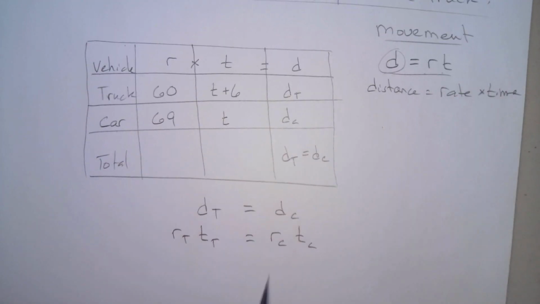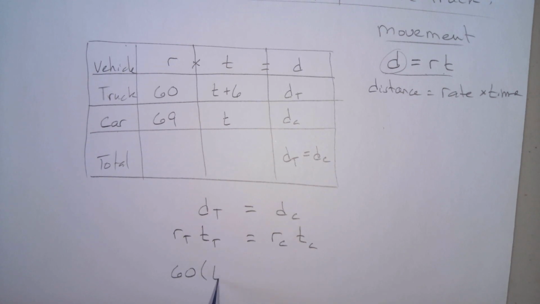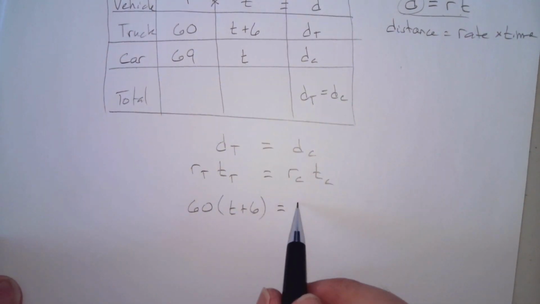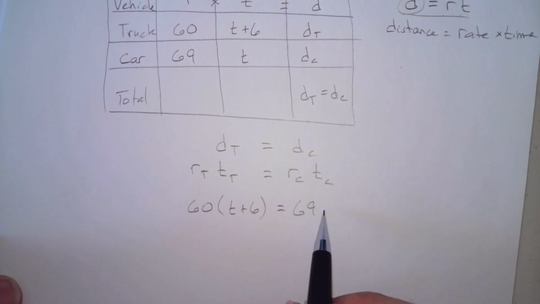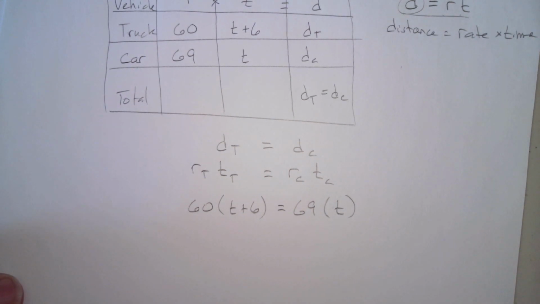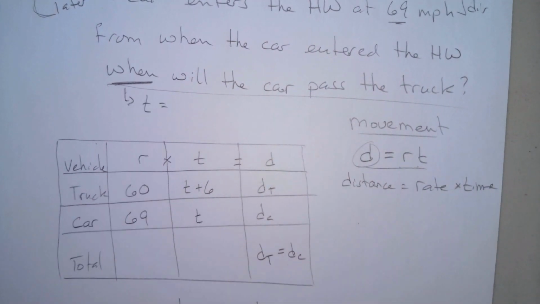Now we use this chart. The rate of the truck is 60. The time is t plus 6. The car is 69. The time is t. Solve for t, because we're looking for what time.